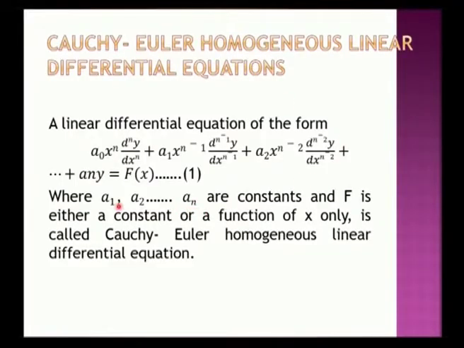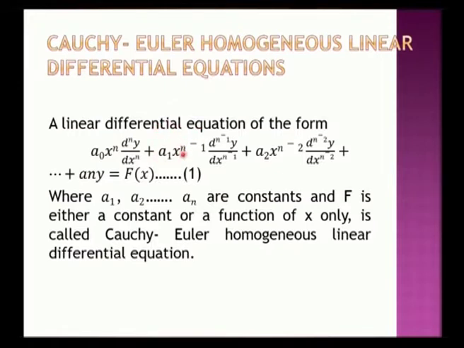Here, a1, a2, an are constants, and f is either a function of x or a constant. This equation is called the Cauchy-Euler homogeneous linear differential equation.